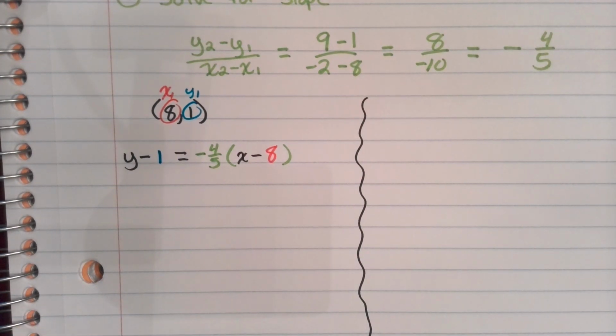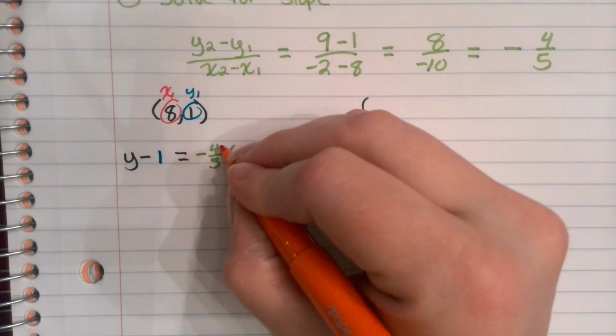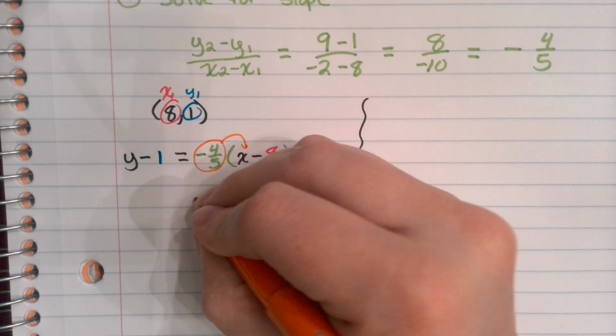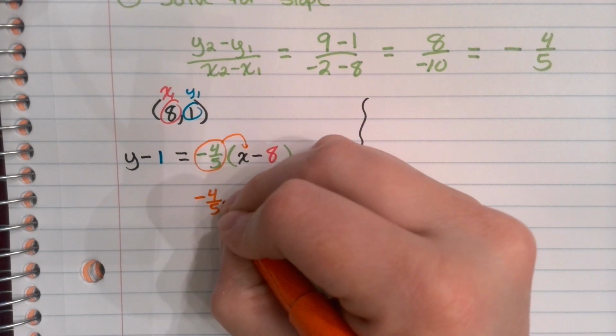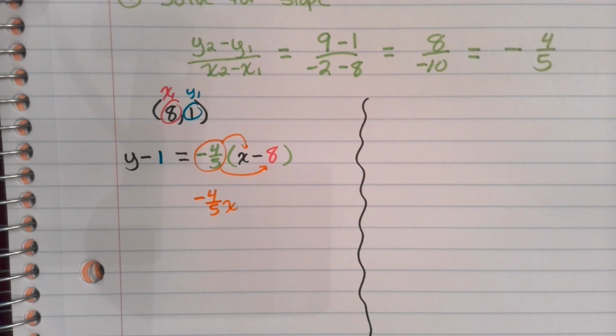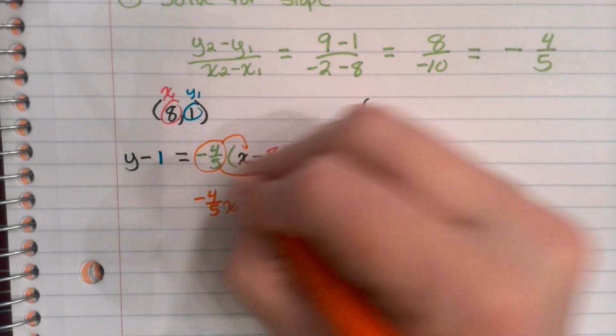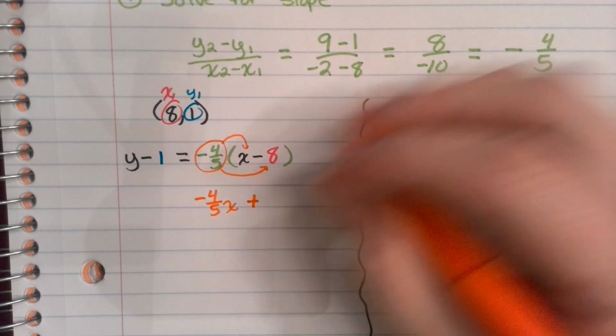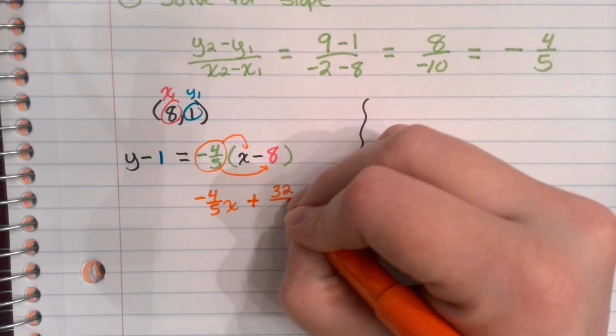Okay, the first thing that I would need to go ahead and do is distribute here. Distribute negative 4/5 to the x, which is negative 4/5 x. And then distribute negative 4/5 to that negative 8. So negative 4/5 times a negative 8 is going to give you a positive 32/5.